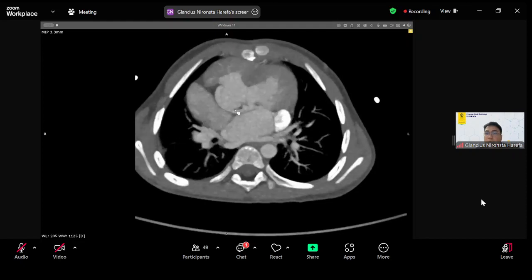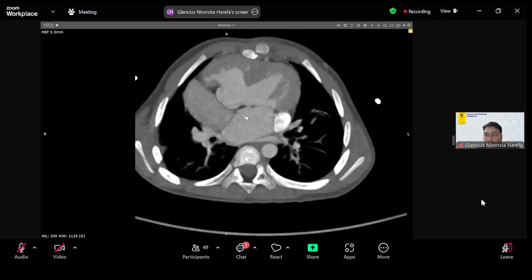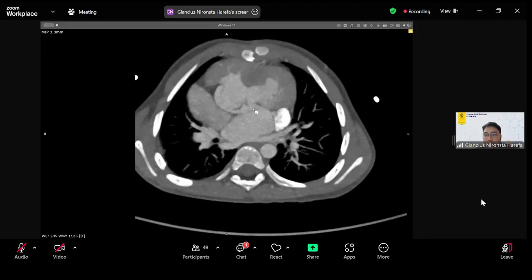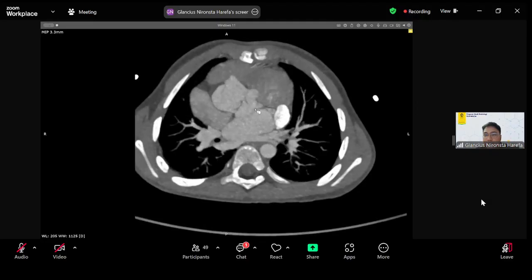But it is noted that if we take a closer look in this patient, there is only one single ostium of a coronary artery. This single coronary artery originates from the posterior sinus and subsequently trifurcates into the right coronary artery, left anterior descending artery, and left circumflex artery.